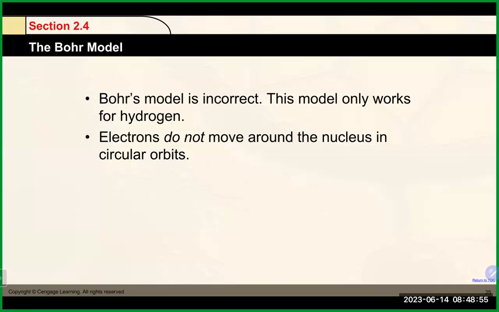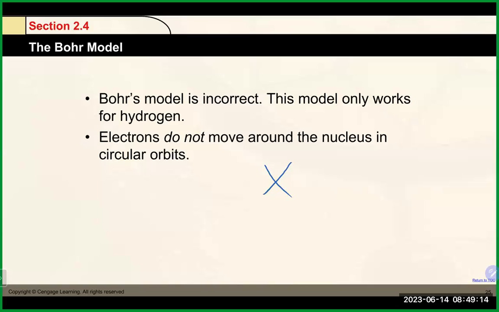They do not, because they have the same charge. So you get a lot of electron repulsions coming into play as you add more and more electrons to the atom. Bohr's model works really well for hydrogen, but does fall apart.